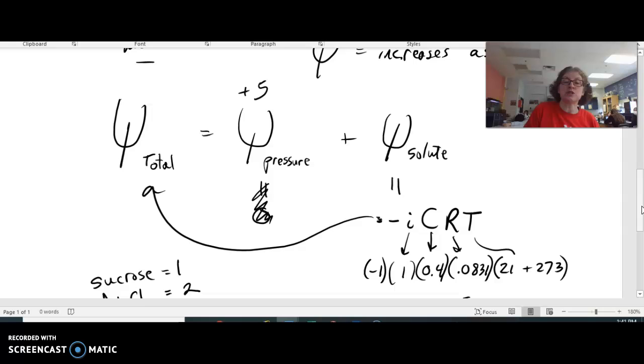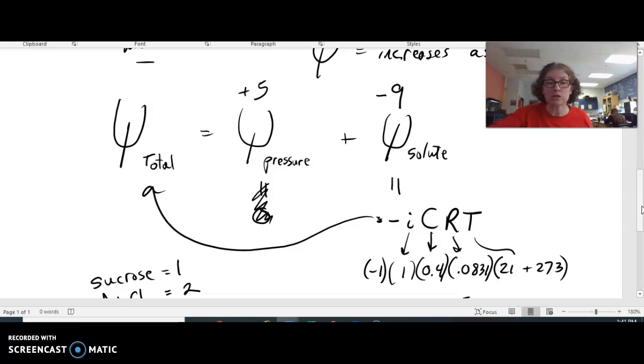And then your solute potential, they'll give it to you, maybe that is -9. If they give you these two values, what would your total potential be? -4, right? This +5 and -9 together would be -4. They might give you that kind of problem too, it just depends.